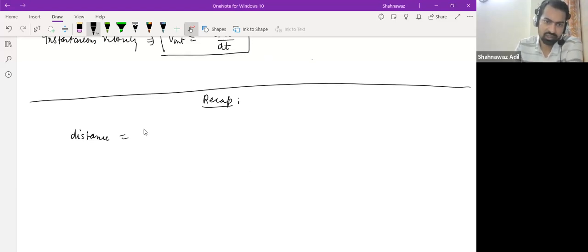So distance: let's say that you have this A and B point, and then you follow this path, this AB arc. This is the total path length.